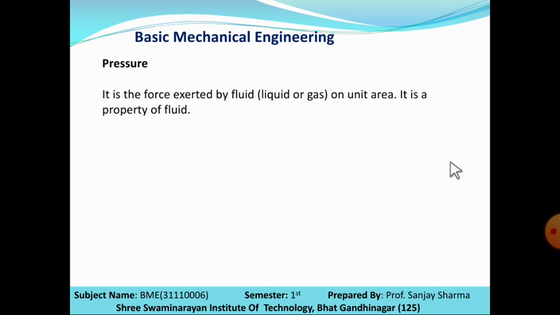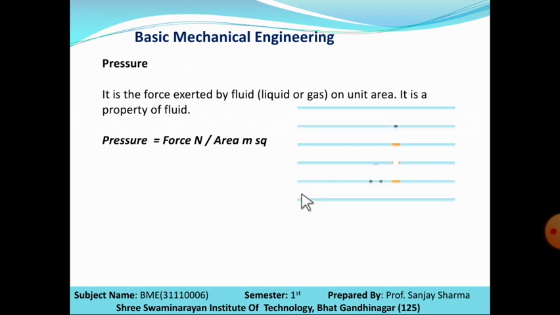The next is pressure. It is the force exerted by a fluid, liquid or gas, on the unit area, and it is a property of the fluid. Pressure is the property of fluid, and you can say pressure is equal to force upon area, that is meter square. We all know what is the unit of area. It is meter square or centimeter square, but here we are taking it as meter square.